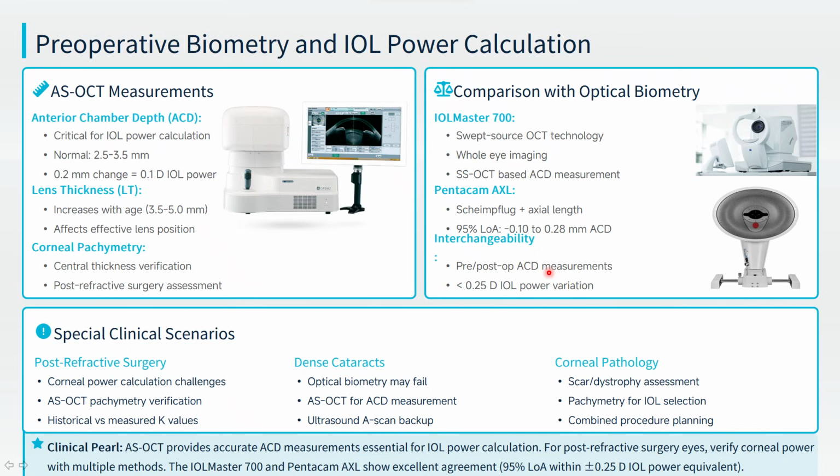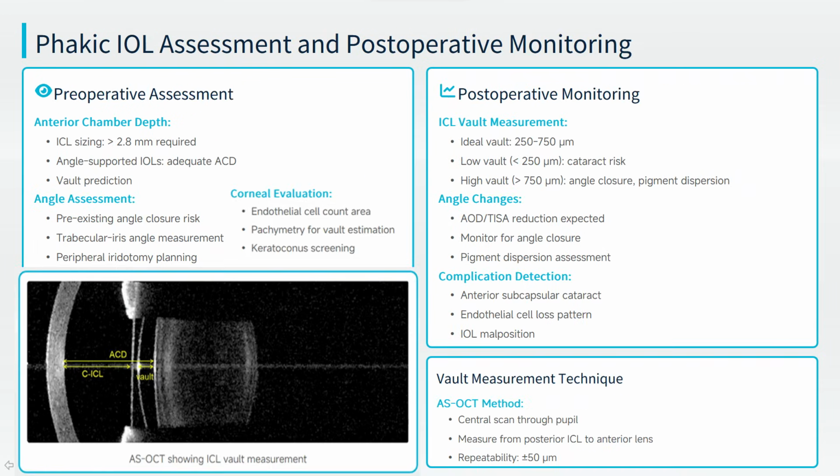But this doesn't rule out or exclude the role of ultrasound. Sometimes in critical cases like dense cataract, we still might need to use ultrasound. But the OCT is very accurate, especially in the pachymetry, corneal thickness, as well as the effective lens position and the lens thickness.